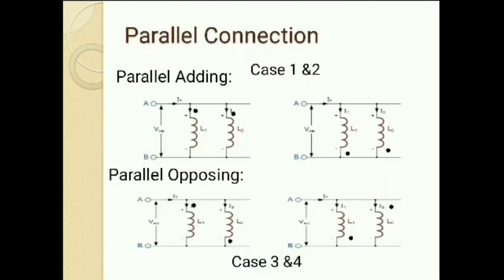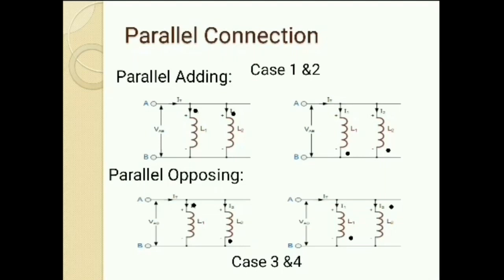Then we see parallel opposing connections. Cases 3 and 4 are parallel opposing connections. Why do we say parallel opposing? Because here the current enters one dot and leaves the other dot. Same for case 4, where the current leaves one dot and enters the other dot. So in this case the mutual EMF opposes the self EMF.